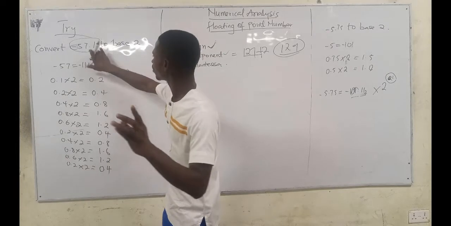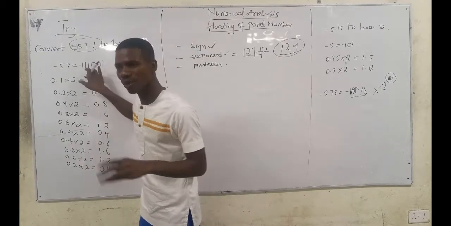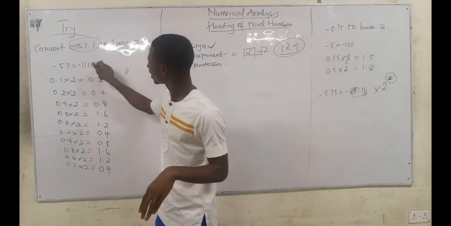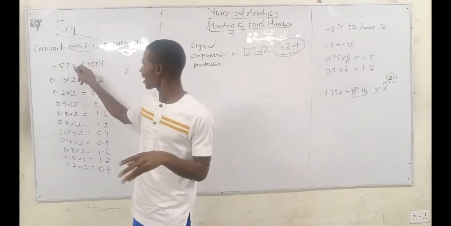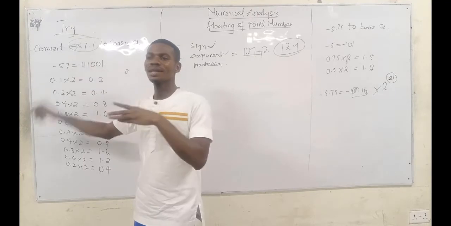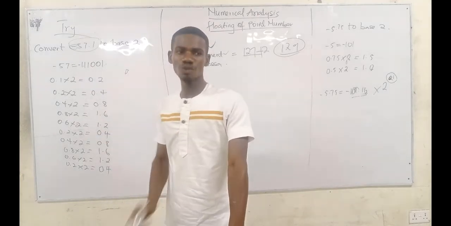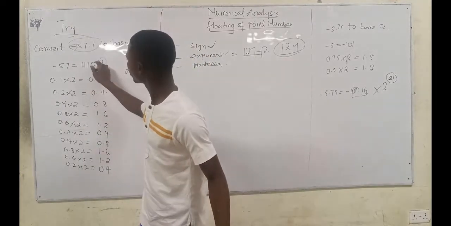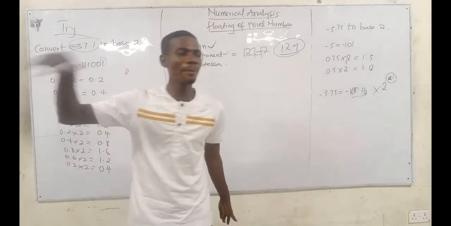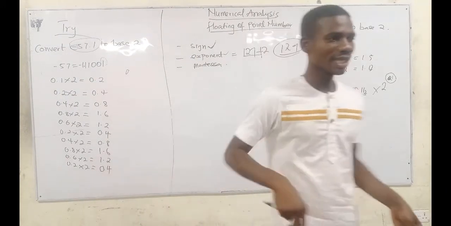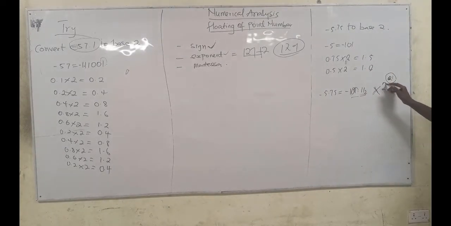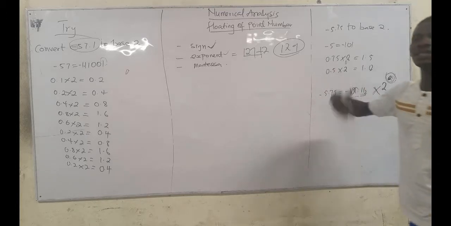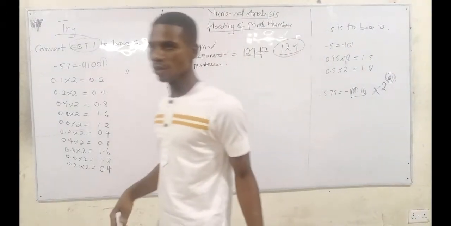So you convert this one to base 2. With the answer that you get, you make sure the decimal point is here. Move the decimal point to just after the first digit. So how many steps are you moving? Then you multiply by 2. In the standard form, it is 2 to the power n, whereby n is the number of steps that you move.